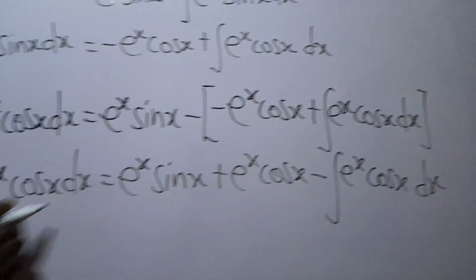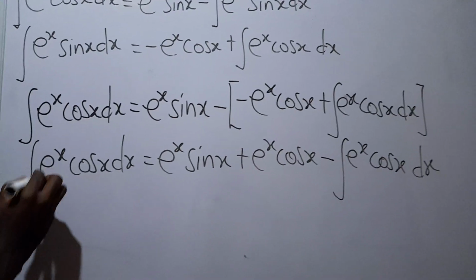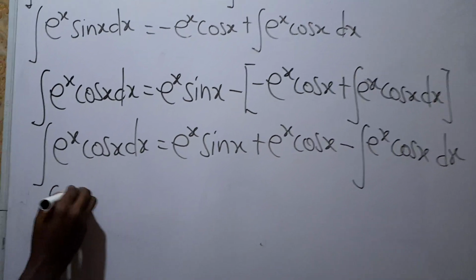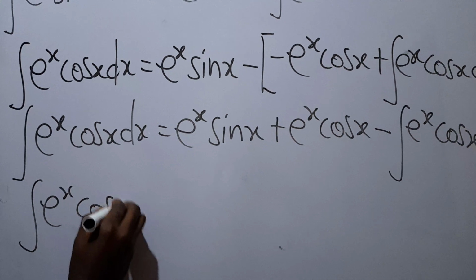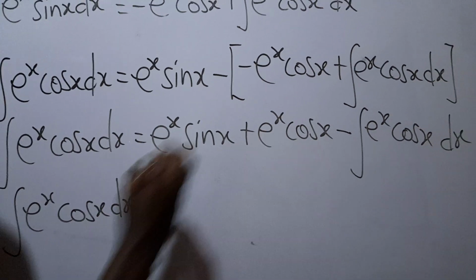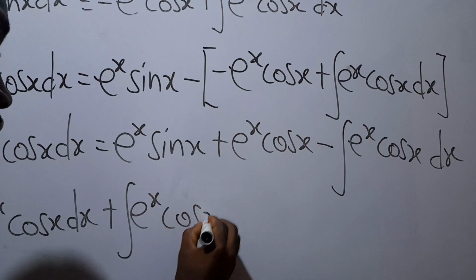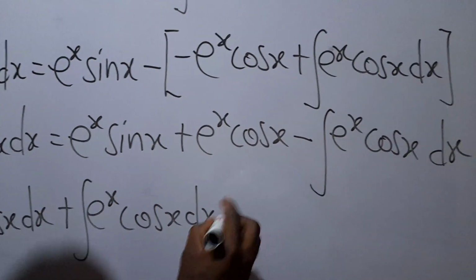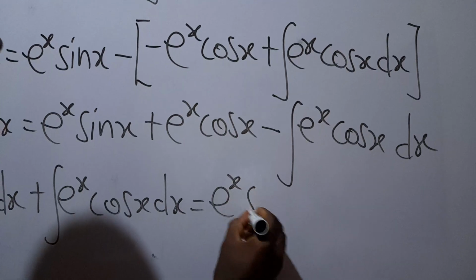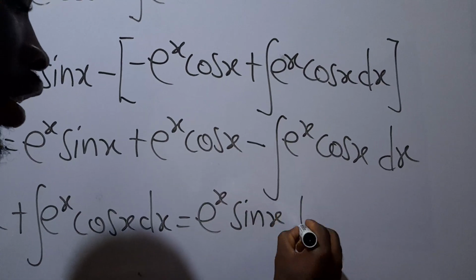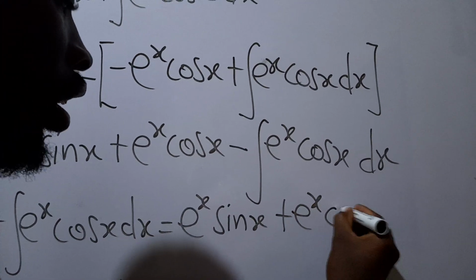So these are like terms. We'll bring them together. So we have the integral of e^s cos s ds, then plus the integral of e^s cos s ds will be equal to e^s sin s plus e^s cos s.